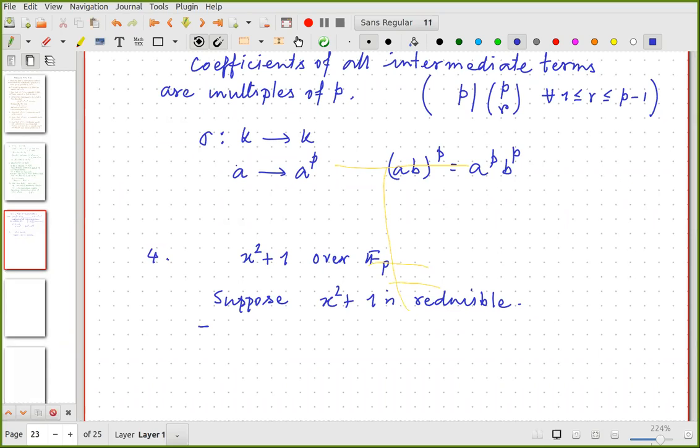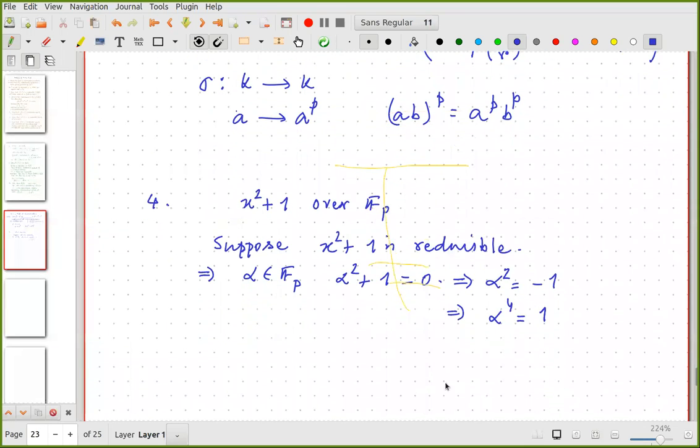So it is reducible. Therefore there is an alpha in Fp whose square plus 1 is 0. So alpha square plus 1 is 0, and that says alpha square is minus 1, and so alpha to the power 4 is 1. Therefore, the order of alpha.